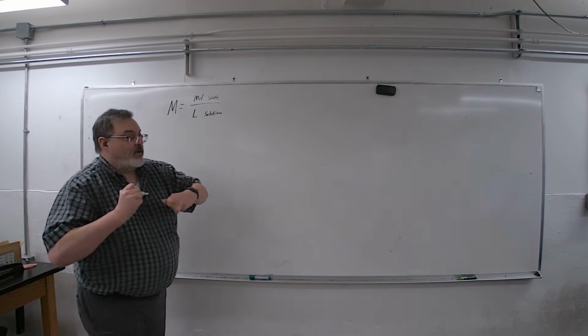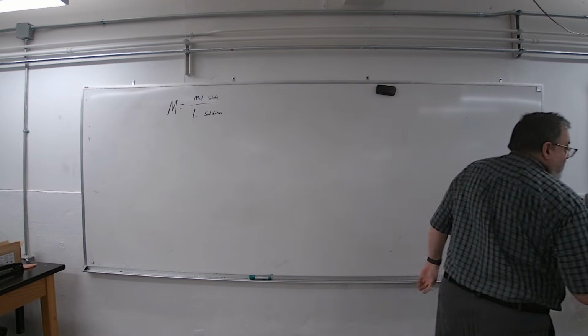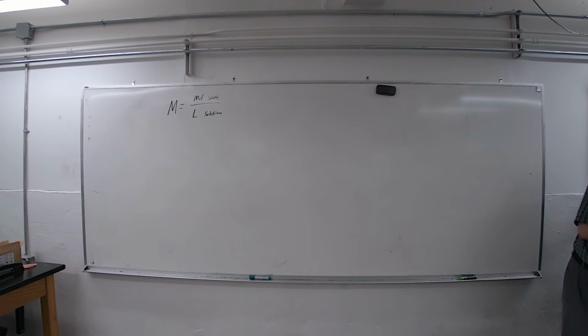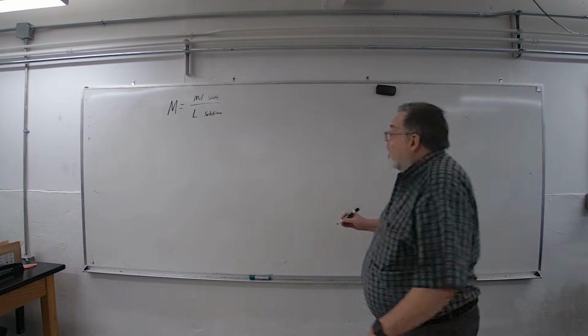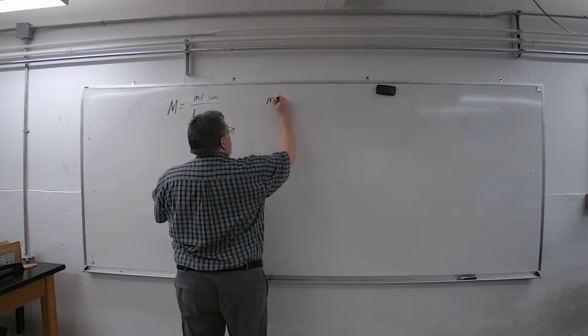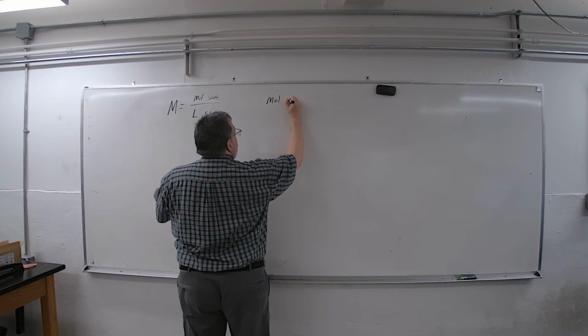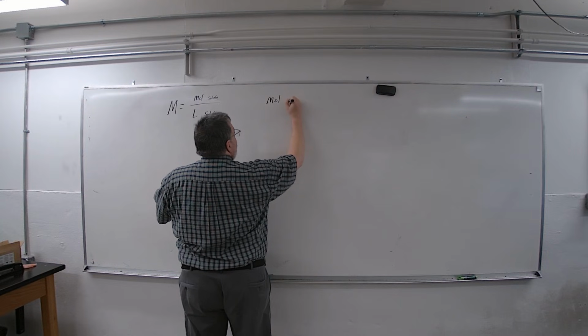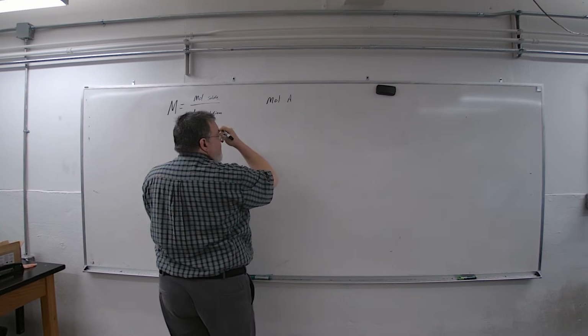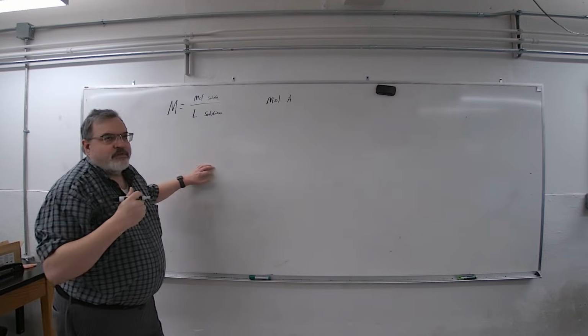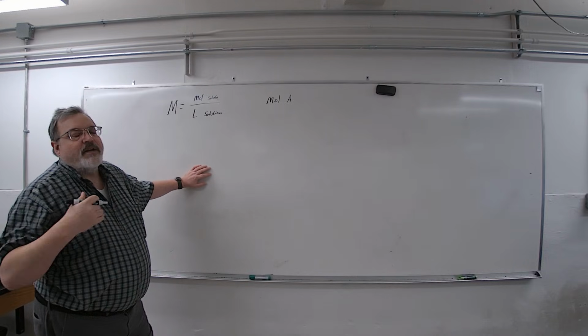We have mole fraction. I'm going to say moles of A, because you can have a mole fraction for the solvent and you can have a mole fraction for the solute.